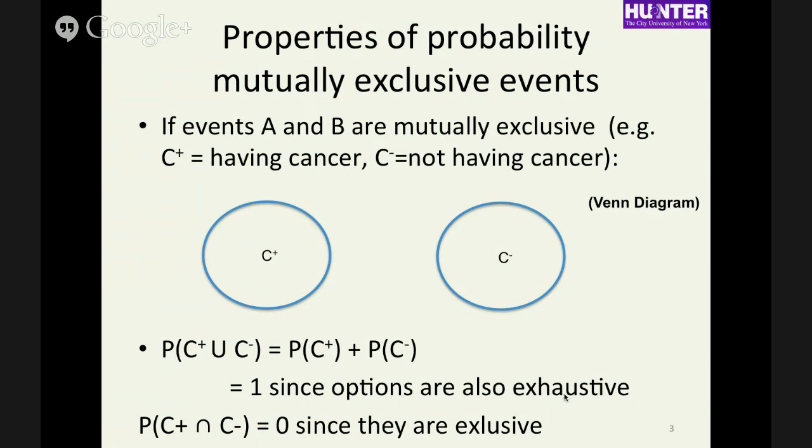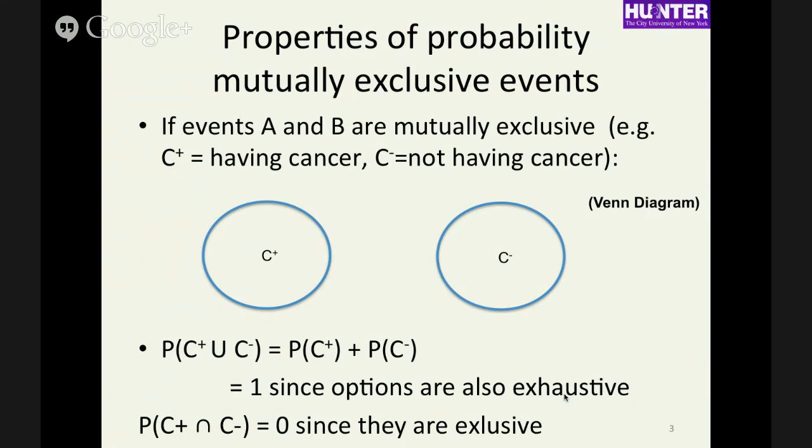And as you probably could, if you thought about it, imagine without looking at the equation, the probability then of one or the other of these, of cancer or not cancer, is equal to the sum of those two probabilities.